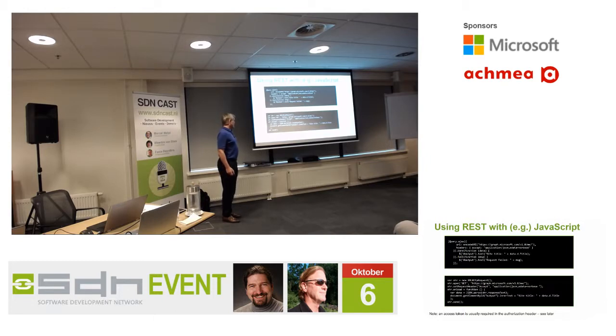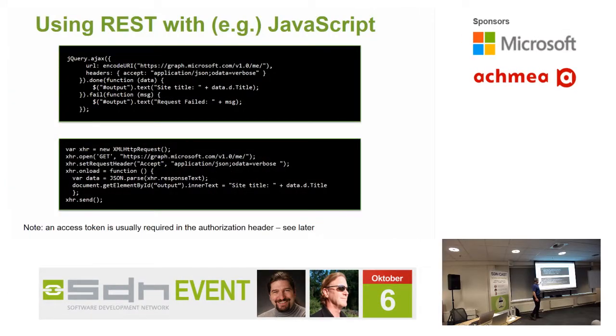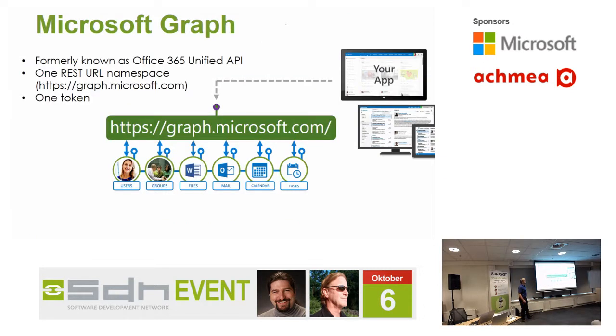That's very simplified. Normally in this situation we'd want to send an access token. We'll talk about access tokens a little bit later, because that forms part of how we understand the underlying technology.